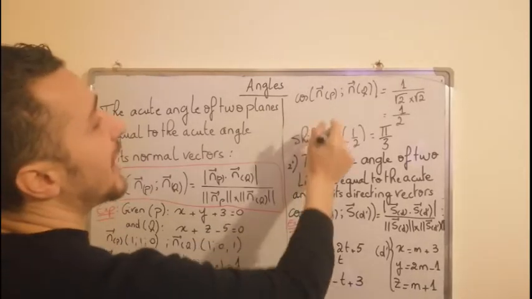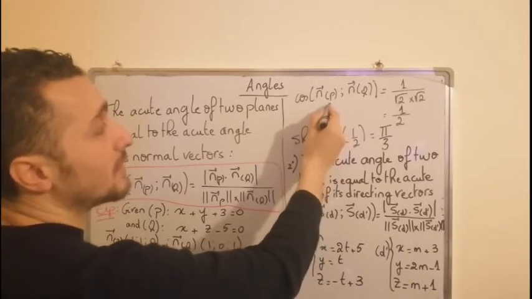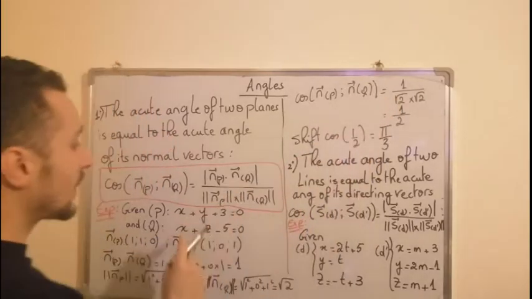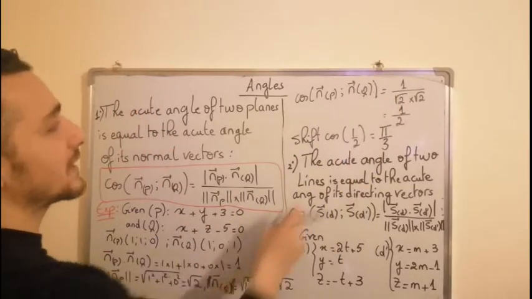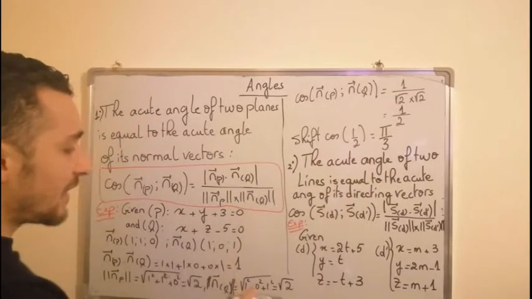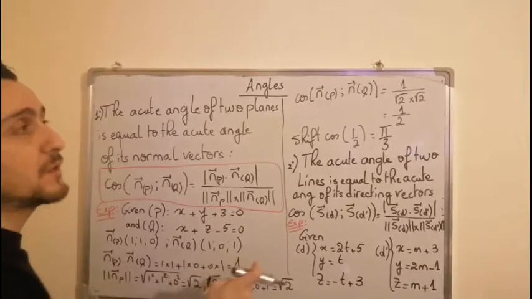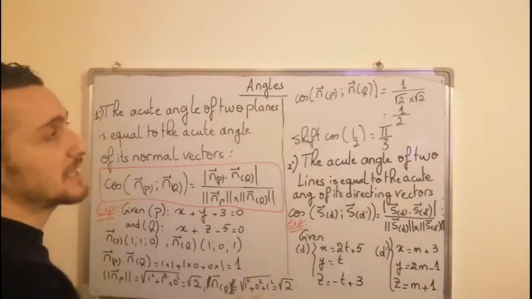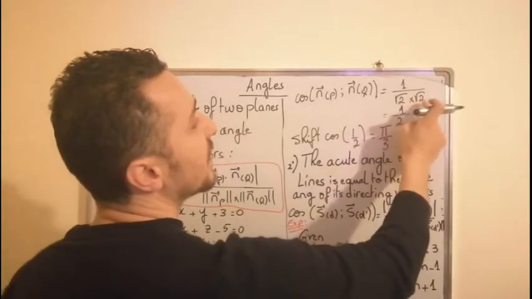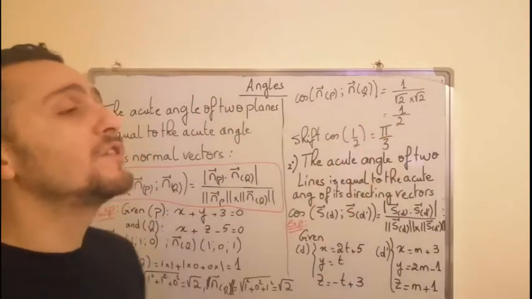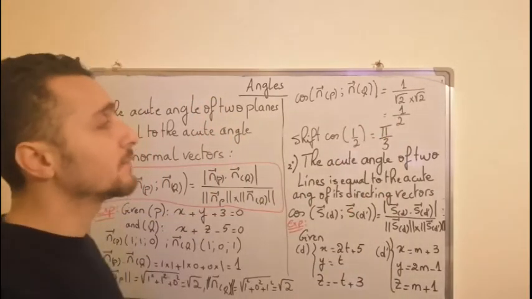Cosine of the angle formed by the normal vector of P and the normal vector of Q equals the absolute value of 1, it's equal to 1, divided by the magnitude of the first times the magnitude of the second. It's equal to 1 divided by radical 2 times radical 2. It's equal to 1 over 2. Okay?